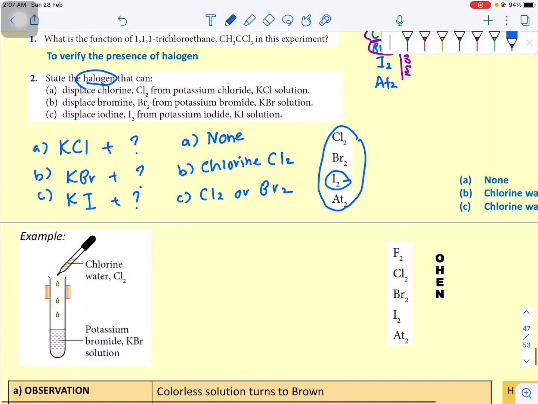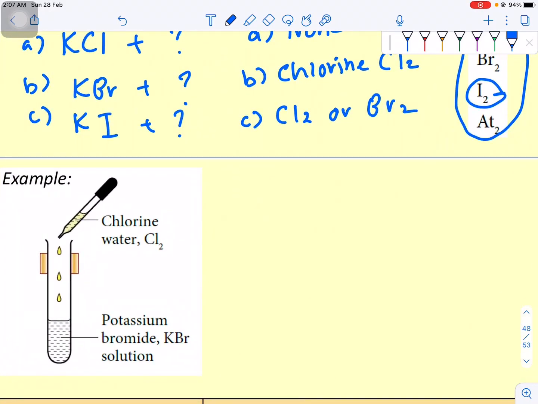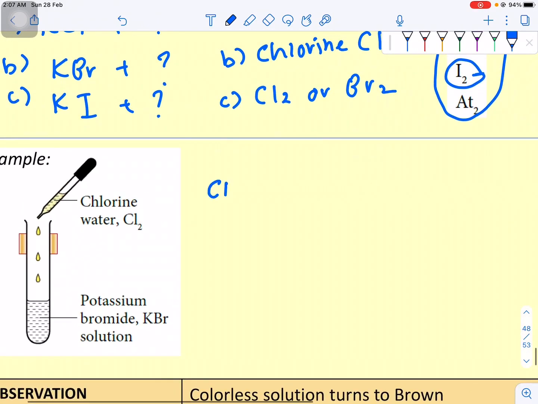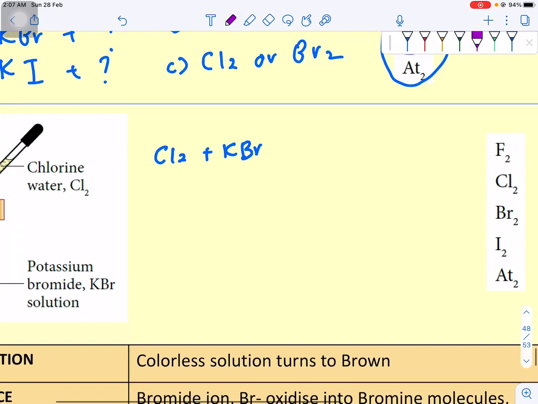Okay, now look at the next one. Another sample, we have chlorine. Chlorine plus potassium bromide. Can chlorine displace bromine from potassium bromide? To answer this, we have to look at the list of group 17.